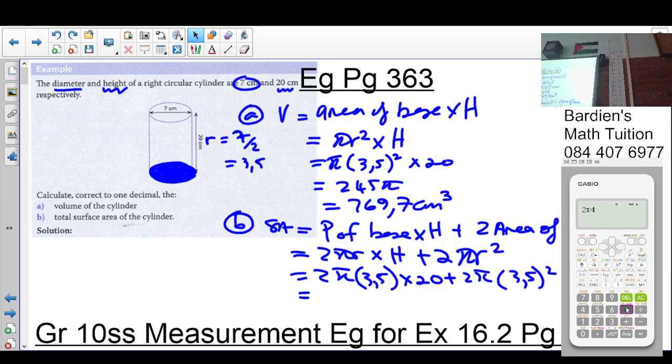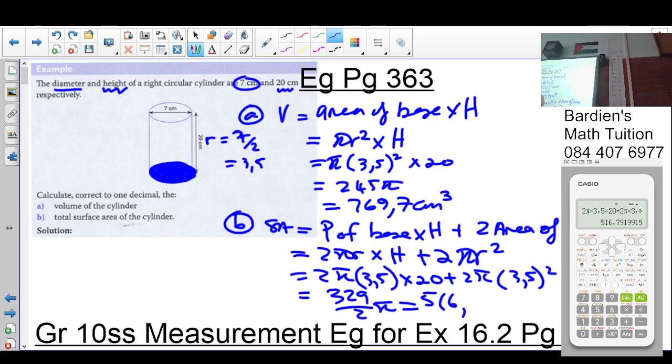It's 2 pi times 3.5 times 20 plus 2 pi times 3.5 squared. It's going to be 329 over 4 pi. For one decimal place, it will be 516.8 centimeters squared. Is that the right answer?